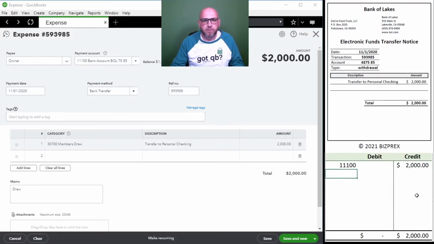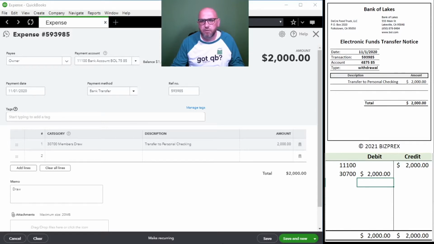Right, the other one is member draw account. Again, even though it's a little bit counterintuitive, member draw account is actually an equity account, and equity is reduced when it is debited. Because we will close member draw account into the equity account at the end of the year, it will essentially reduce our equity, and therefore we're reducing it right now.